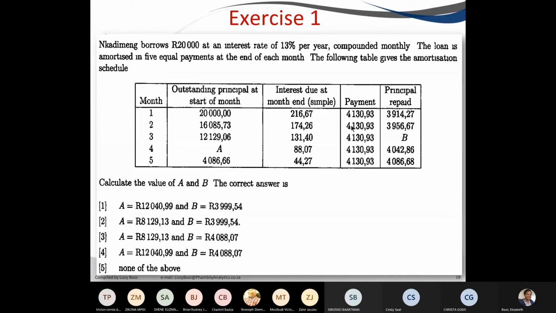I think so. The reason why I went back to the previous one is that I wanted to show you an example that we did so that you can compare how you do this one. It's the same concepts.